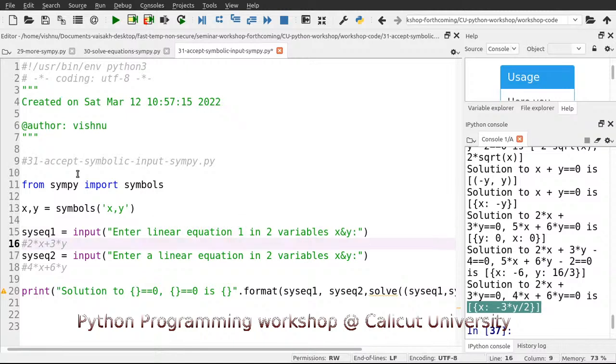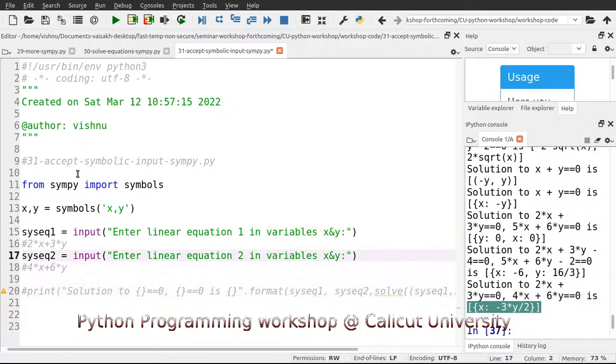Linear equation 1, linear equation 2. Okay, let's try to take care of this later. So two expressions are now entered.